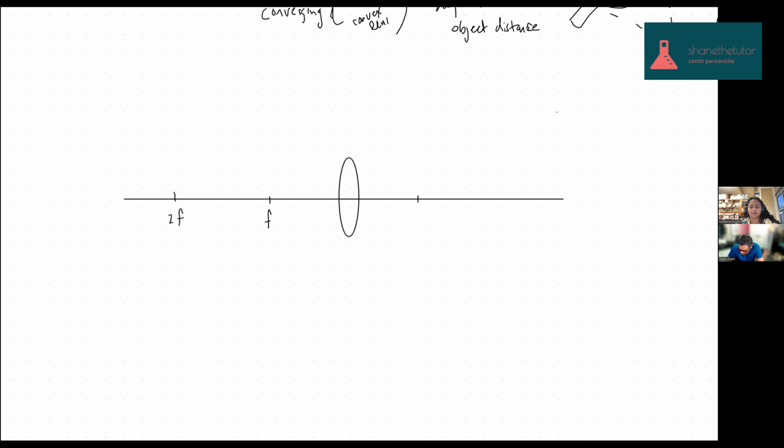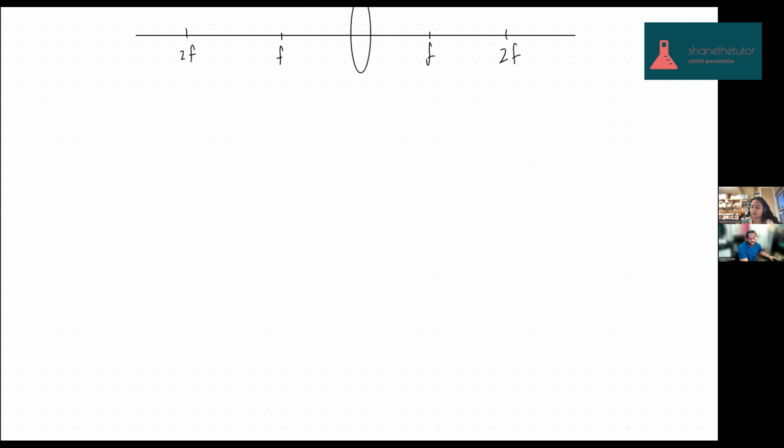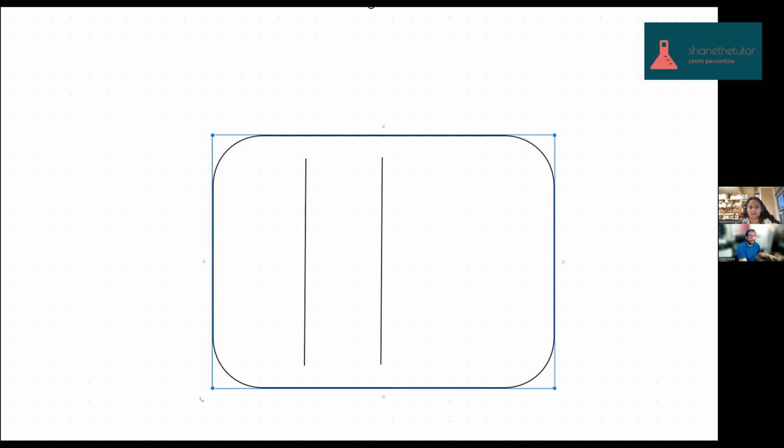And let's maybe create a little box. So here I'm going to write object distance, here image distance, and then here type of image.